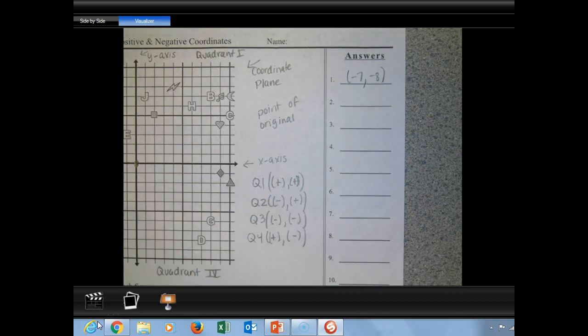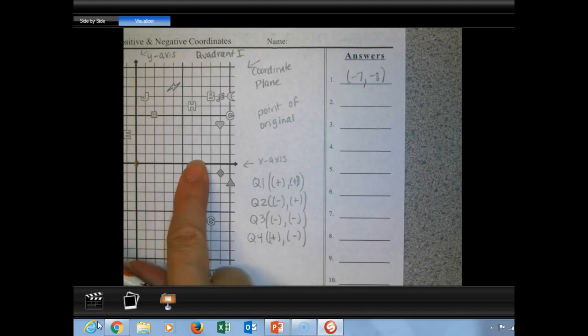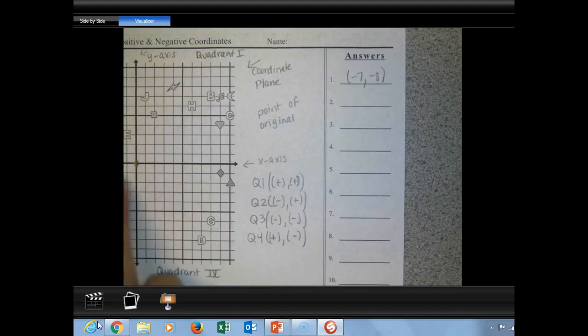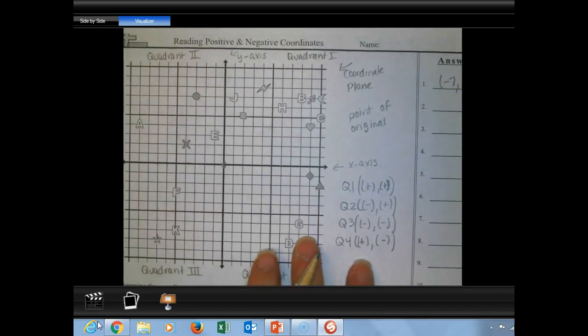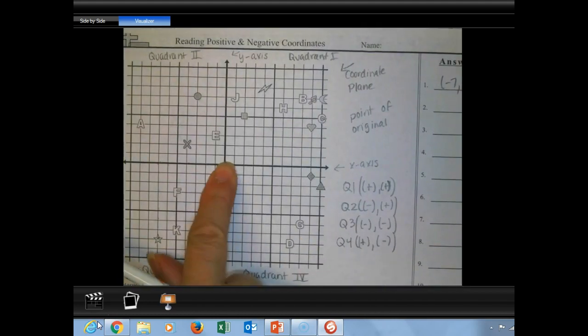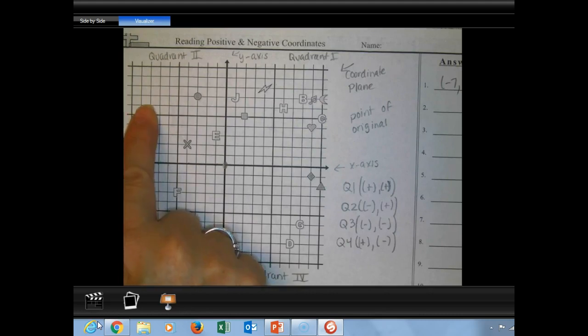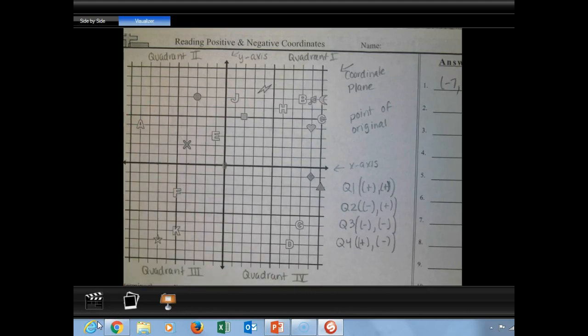It's just to help you remember, I'm going this way, it's going to be positive. I'm going this way, it may be negative. Going up, it's going to be positive. Quadrant 2, you're going to go left and then up. Okay? Did that clarify some of your confusion?